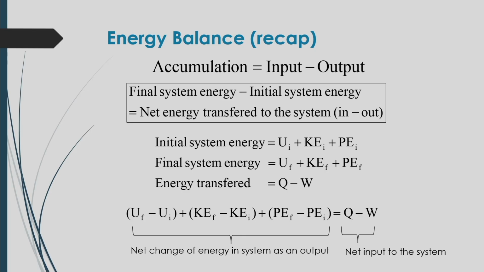Based on this we can say how much energy will be accumulated. So the system energy changes from the initial to the final state because of the energy transferred, and this change can be represented by the general energy balance equation as shown in the slides.